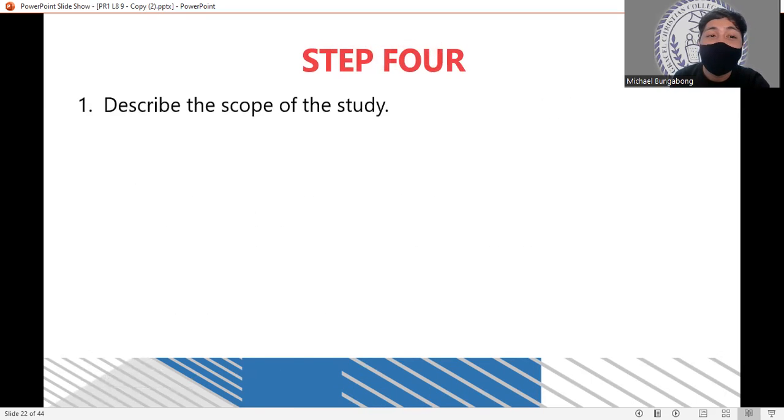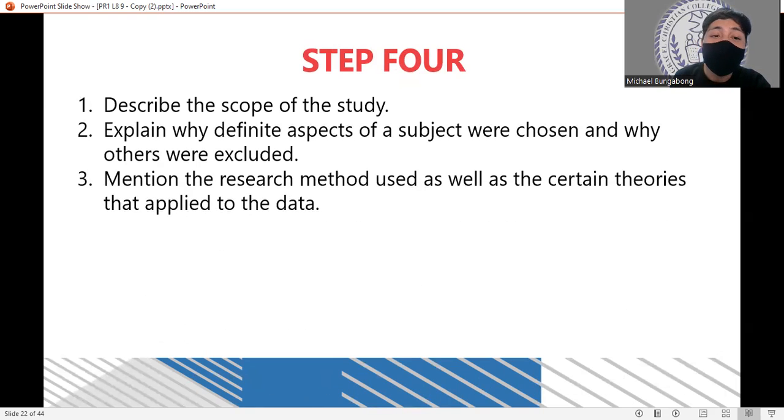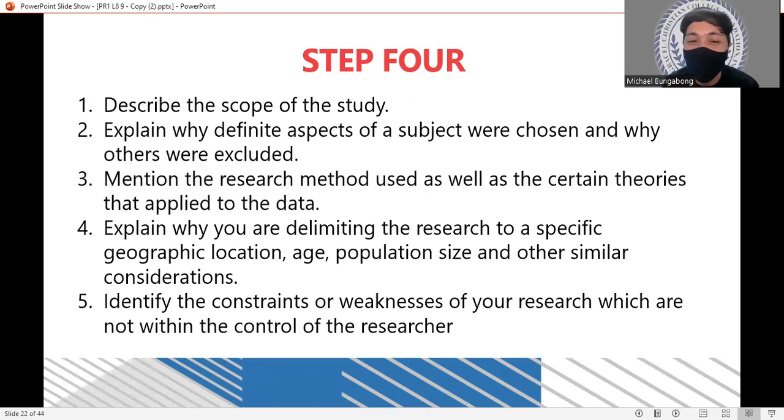Step four, describe the scope of the study, explain why definite aspects of a subject were chosen and why others were excluded, mention the research method used as well as the certain theories that apply to the data, and explain why you are delimiting the research to aspects like geographical location, age, population size, and other similar considerations.